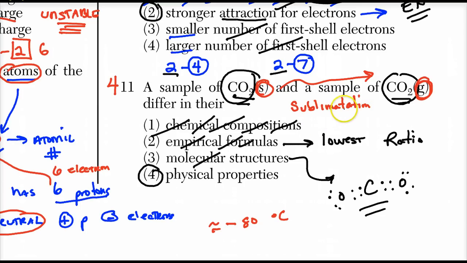Let's get a spelling class going here. Sublimation is when a solid goes directly to a gas, and also you should know that when a gas goes to a solid, you know what that's called? That's part of this course too. It's called deposition.